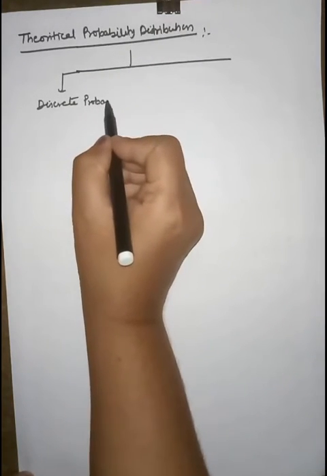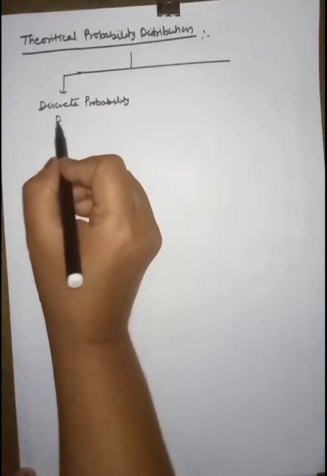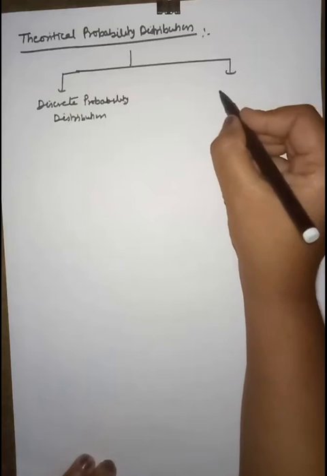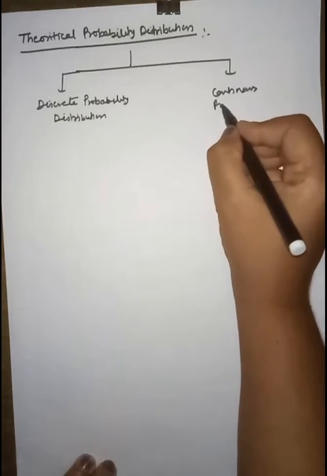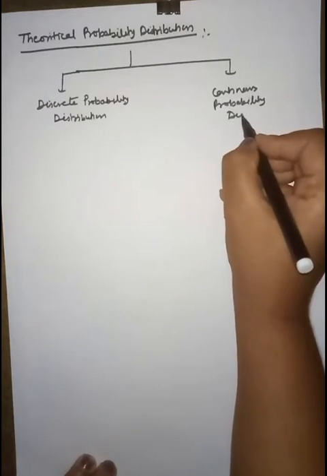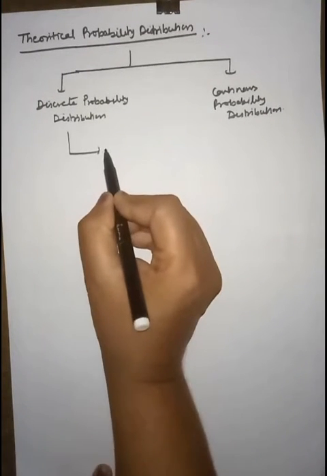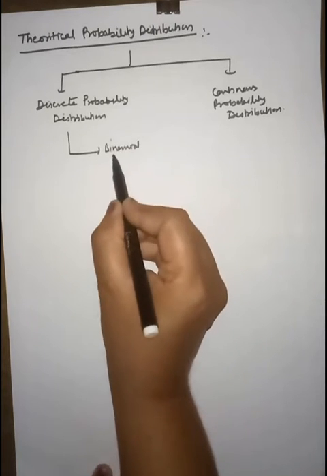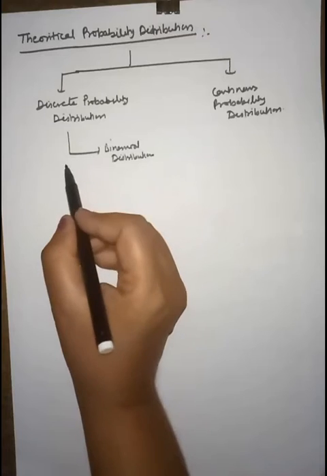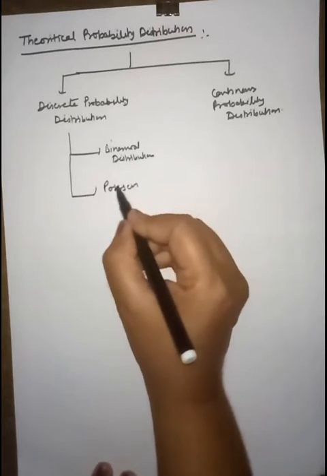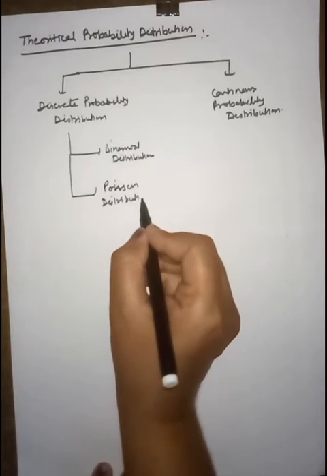Discrete probability distributions are of two types: binomial distribution and Poisson distribution.